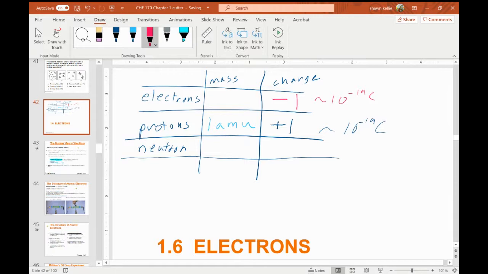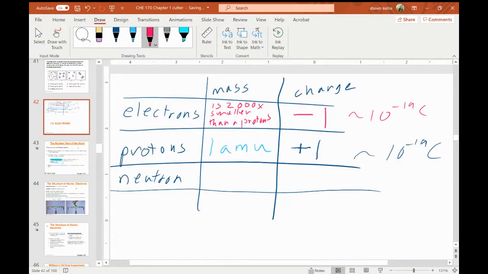Mass. Here's where I want to make sure that you understand the difference between what I'm telling you and what you may have had in a previous science course. We say that the mass of an electron is 2,000 times smaller than a proton's. Electron's mass is 2,000 times smaller than that of a proton.